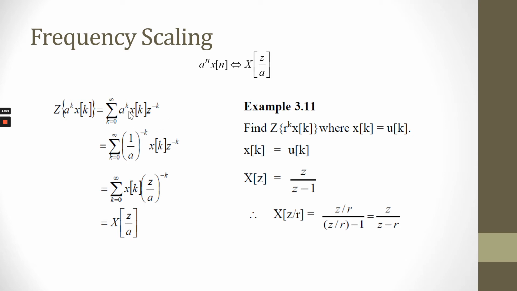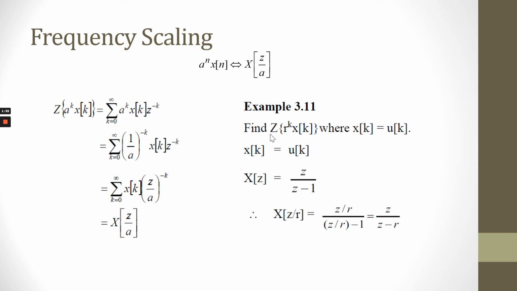We rearrange this part of a^k, so it is 1 over a, so the power of this function becomes minus k. Same goes to this one, so we can combine into z over a with the power of minus k. Therefore, we have the general equation of frequency scaling, X(z over a), based on this equation.